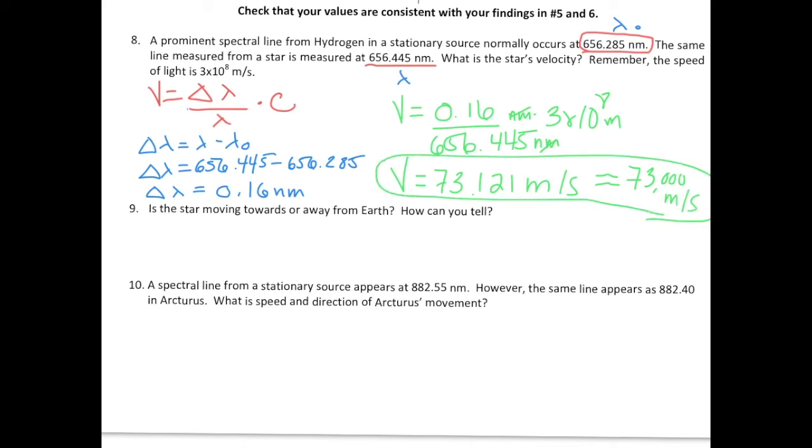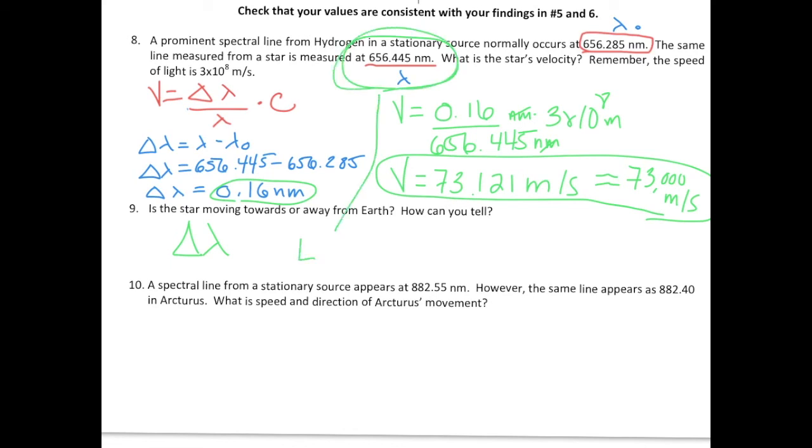Now what I know about this is that this is moving away. This star is moving away from Earth, and I know that for a couple of reasons. Number one, the delta shift is a positive number. So that tells me two things. Positive numbers means away, but another way of looking at it is if we simply look and we see that the wavelength was supposed to be 656.285, and when we measured it from the star, the number we got was longer.